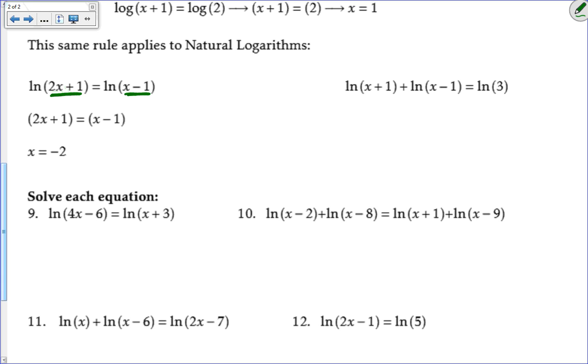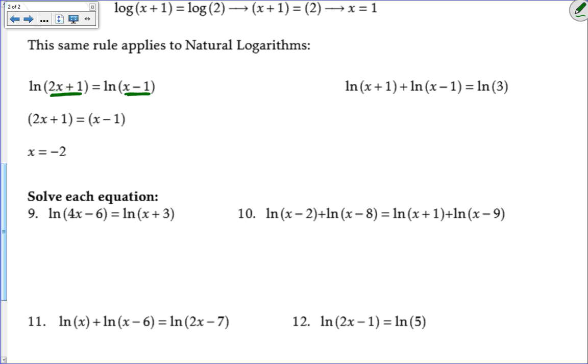So let's go through this the right side one together. If we have a natural log on the right side, we have one of those. So that right side's good. But what do we want to do on the left side then? What can we do with those 2 natural logs that are being added? We can multiply them down, right?